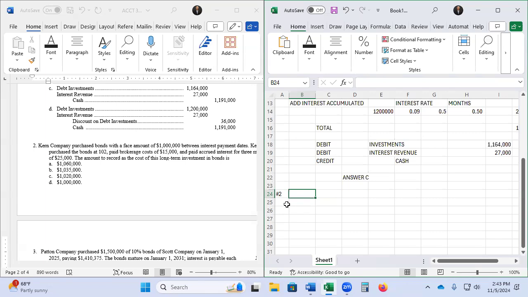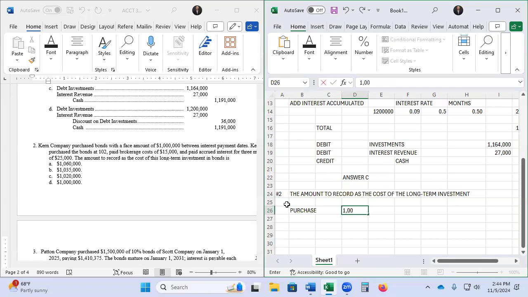Okay, so it says the amount to record on this long-term investment. Okay, so we gotta account for what our purchase was. And so it says that we purchased $1 million face value, or purchase bonds of the face amount of $1 million. And we purchased at 102.